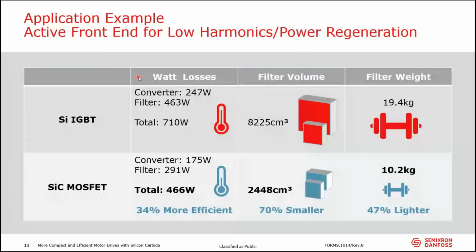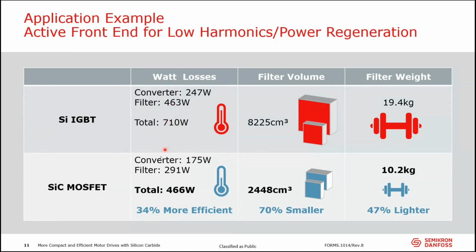If you look at the converter first and the watt losses in the converter, the upper row here, silicon IGBT, you see that we have almost 250 watt losses in the converter and 463 in the filter, meaning the total assembly has 710 watt losses with 30 amps.